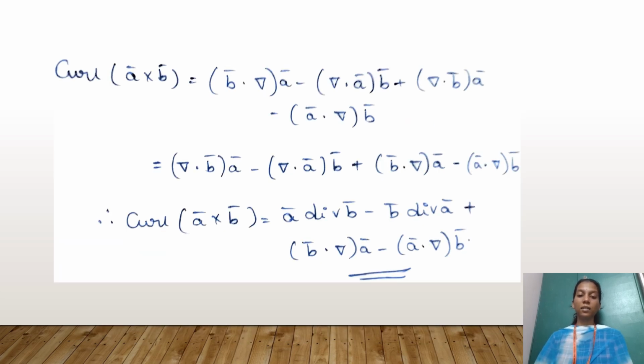The final answer is curl of A bar cross B bar is equal to A bar divergence B bar minus B bar divergence A bar plus B bar into del into A minus A bar into del into B. So we have proved this.